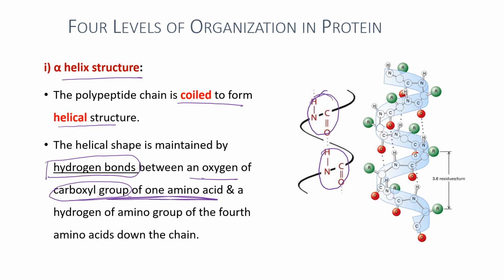So this is one amino acid, this is another, so it is every 4 amino acids down the chain: 1, 2, 3, 4. Every 4 amino acids there will be formation of hydrogen bonds between the carboxyl and the amino group along the polypeptide chain. So the interaction is through the formation of hydrogen bonds, and the hydrogen bonds will hold the helical structure of the alpha helix.